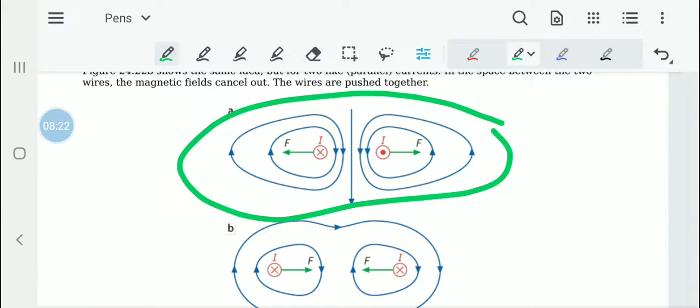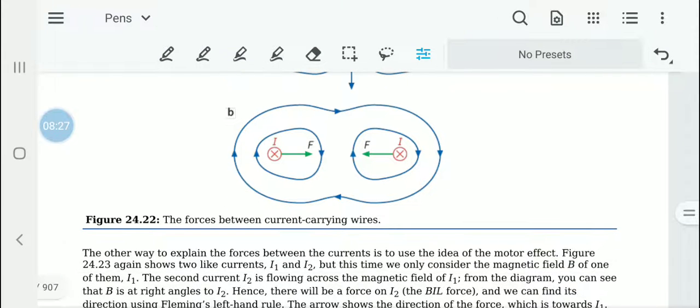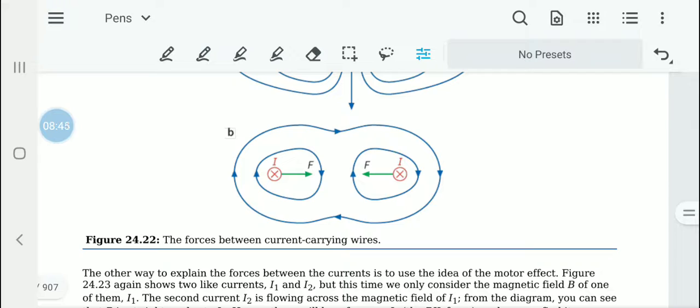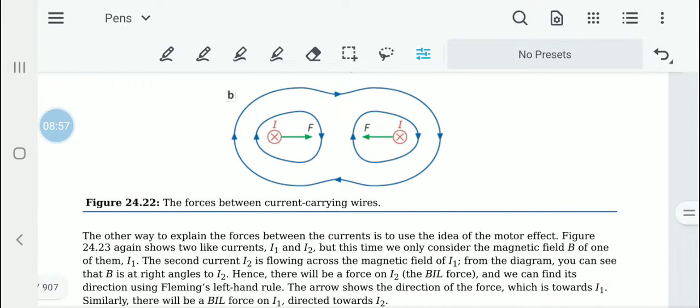Draw this diagram, and after drawing that, please write down, if two like or parallel currents are considered, they would have an effect which would cancel out the magnetic field in the middle, and the force would push them towards one another.